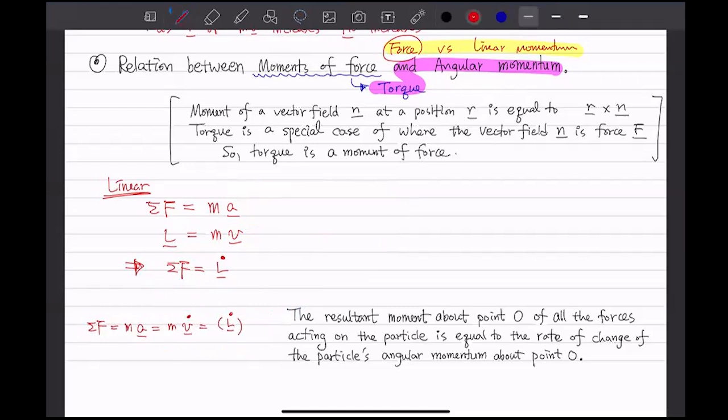So we want to just do the same thing for the angular things. Summation of moments of force, which is the torque, summation of the torque, the moments of force is defined by r cross summation of F, right?